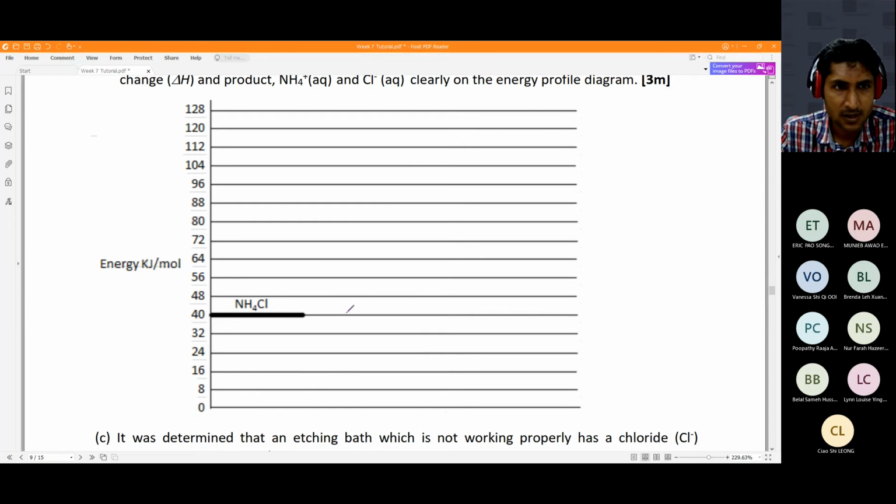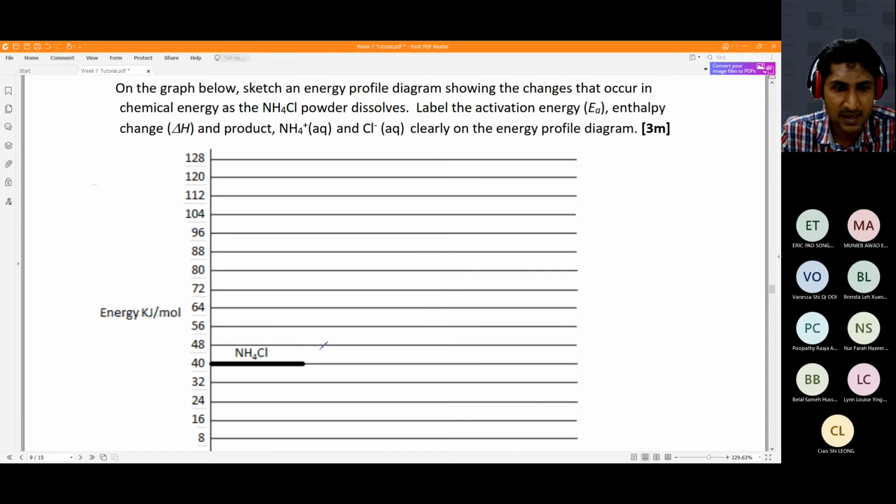It will go up to 56. The activation energy Ea will be 56, right?